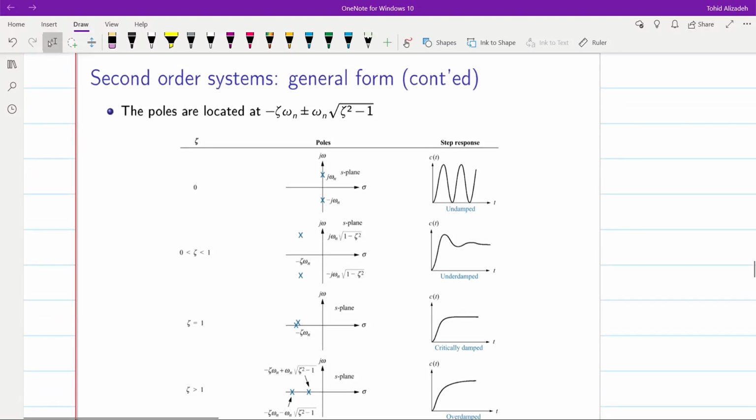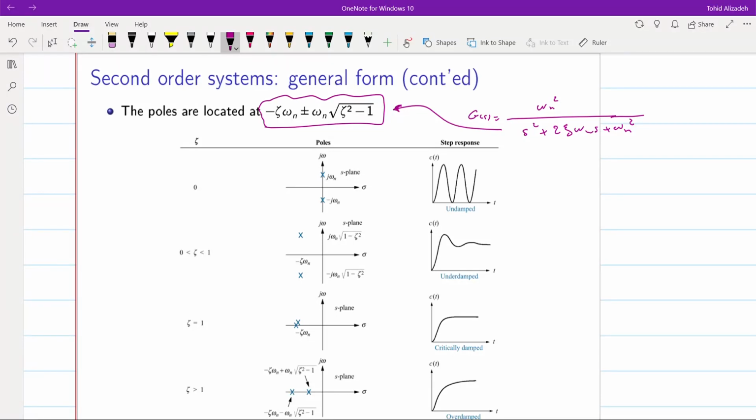So basically for our system, when we have the G of s in the form of omega n squared over s squared plus 2 zeta omega n s plus omega n squared, the poles of the system will be located at minus zeta omega n plus or minus omega n times square root of zeta squared minus 1.